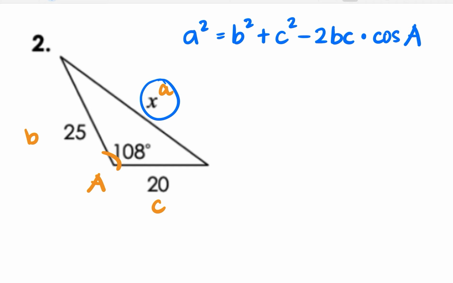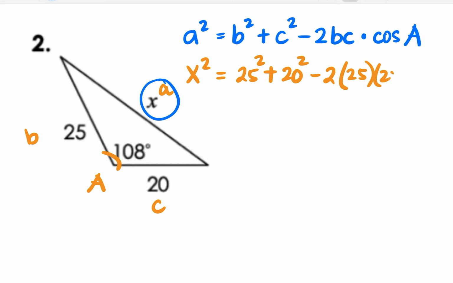All right, so my a is x, b is 25, plus 20 squared, minus 2 times b times c, and cosine of the angle is 108.